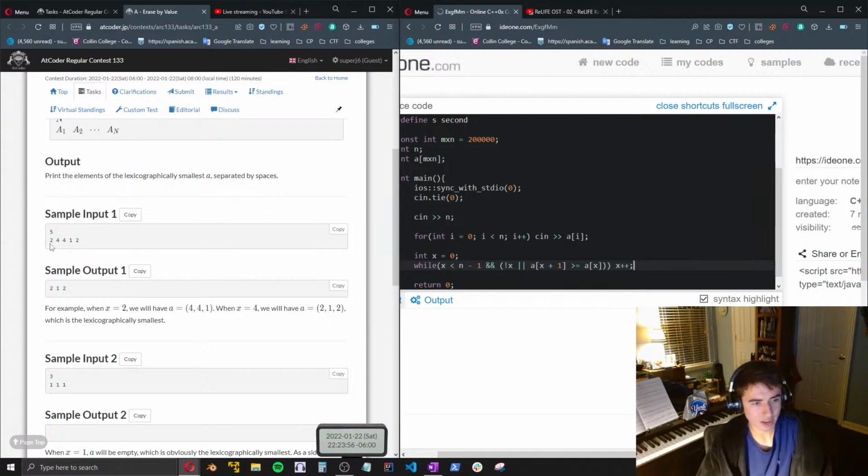How could we make the array less than it is now? Well, if we take out the first element, if the next element is greater than it, then it will be lexicographically greater. We don't want that. However, if the next element is lexicographically less, then we want to take out this element, because then now it would be lexicographically less.